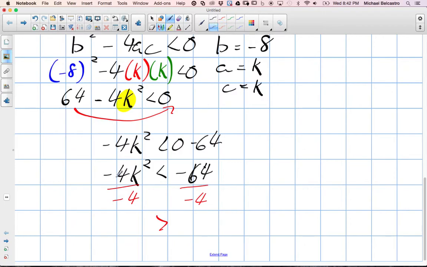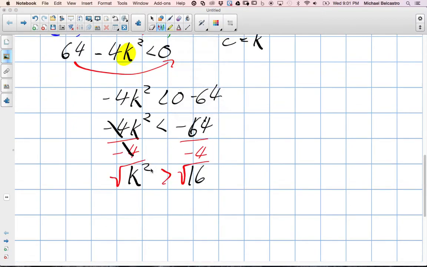Now these cancel out to create a 1, so we have k squared. And -64 divided by -4, how many times does that go? 16. That sounds about right. We still have to isolate for k, and we have a square, so in order to move it to the other side, we square root both sides of the inequality.